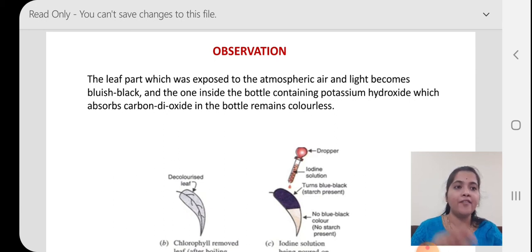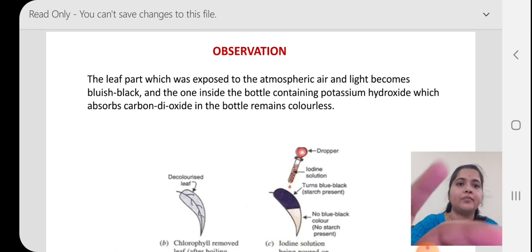That means the half leaf inside the bottle is not getting any carbon dioxide from the atmosphere, because we have kept potassium hydroxide solution. So it is absorbing all the carbon dioxide. That means when we do the test, this leaf which is not having carbon dioxide did not change into blue-black color. That means starch is not produced here. We can confirm that without carbon dioxide, it does not perform photosynthesis.